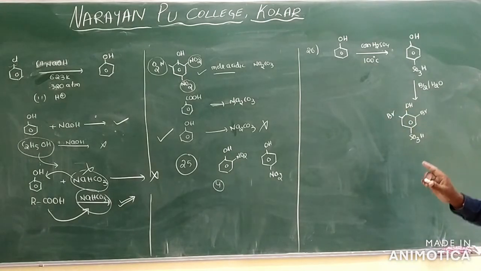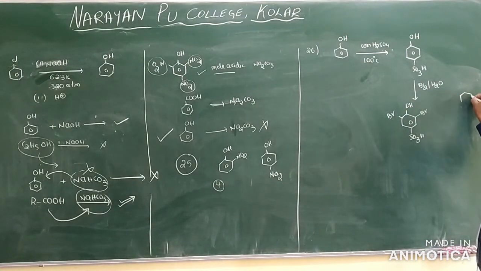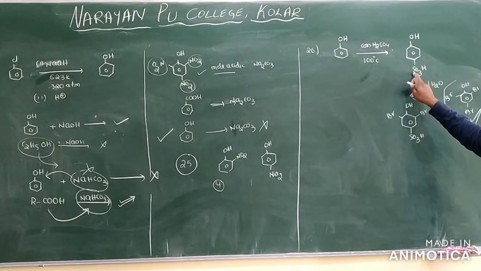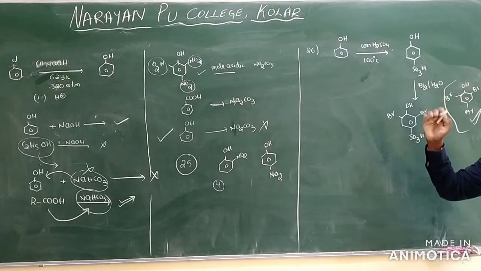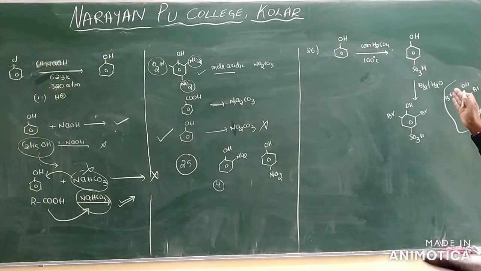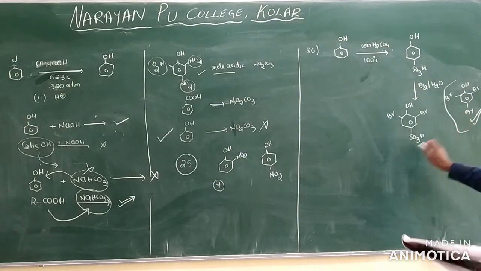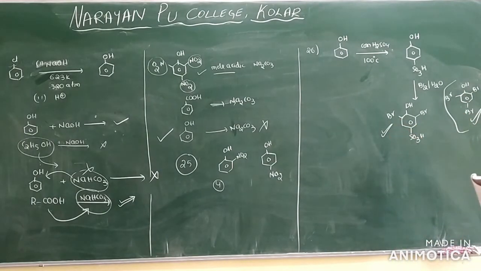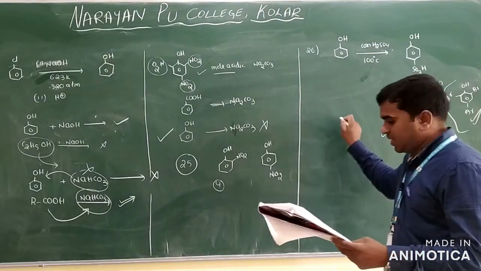But if they give in the option OH, Br, Br and Br, this is also an answer. Why? Because I already said SO3H is a very good leaving group. When bromination takes place, this group will be removed. But in the option, they have not given this compound. So you have to choose this answer, that is the option.